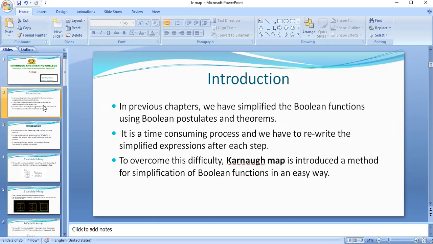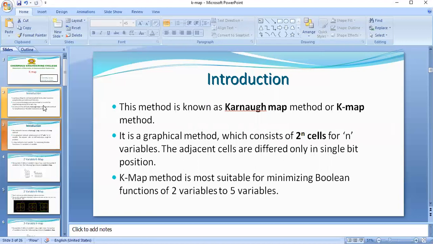To overcome this difficulty, we go through the Karnaugh map method, in short called the K-map method. This K-map method is used to simplify the given Boolean functions when the number of variables increases. This is a graphical representation.